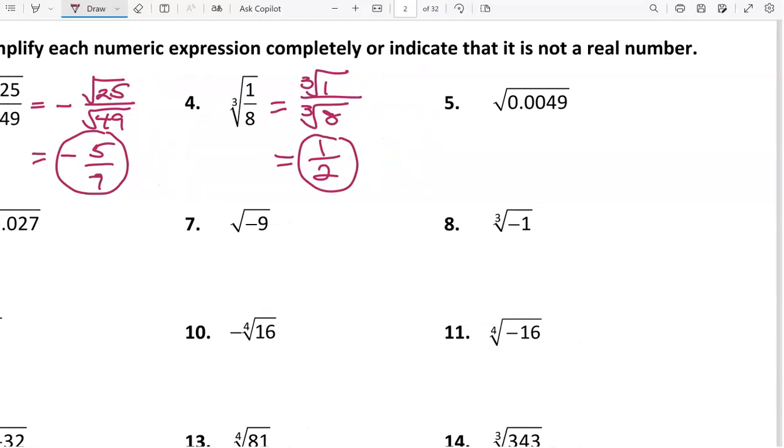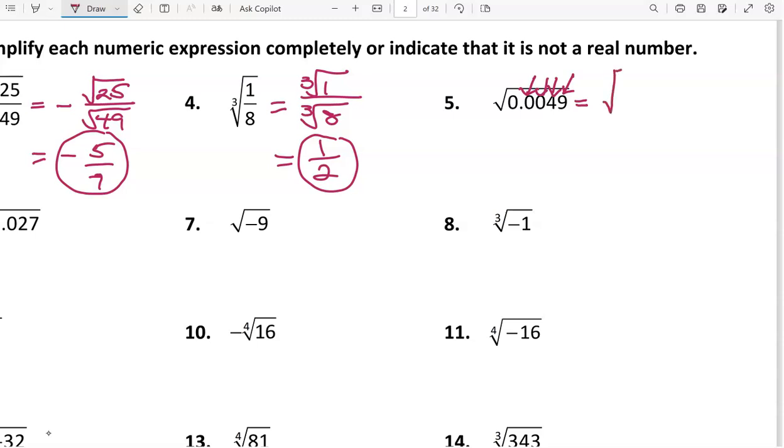In number 5, we have the square root of a decimal. It will be easiest for us if we express this decimal in fraction form. So let's take a look at our place values. First place value past the decimal point is tenths, hundredths, thousandths, and then 10,000ths.